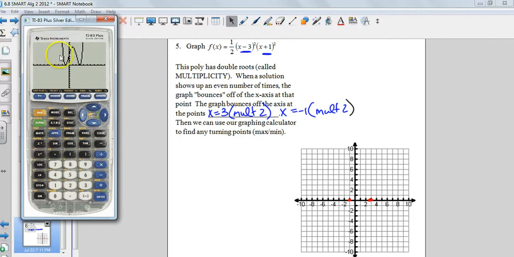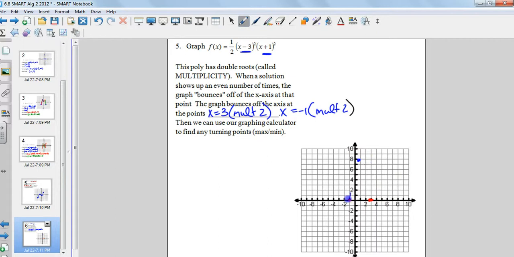So the only thing I'm going to find to make sure I graph this accurately is this little maximum bump, because I can already tell you where the minimums are. They're the x-intercepts. So we got a max. A little bit to the left, enter. A little bit to the right. We've got a max at 1/8.